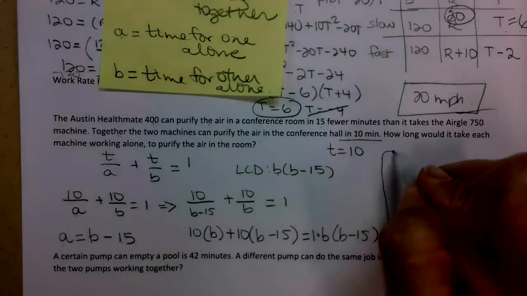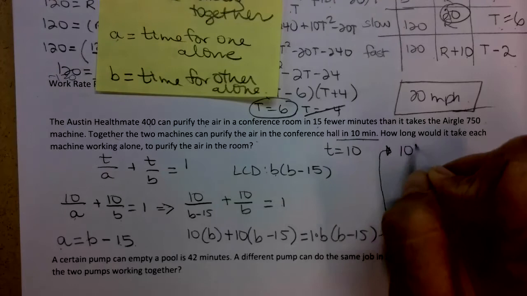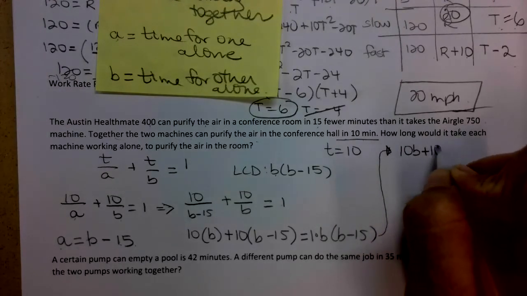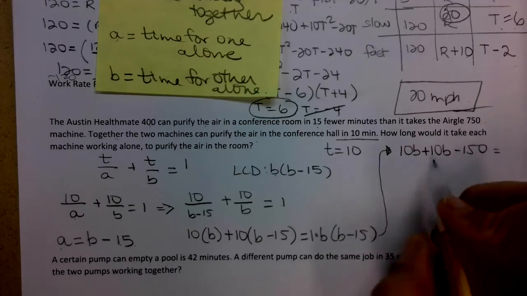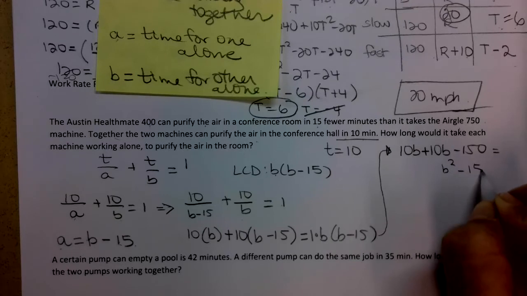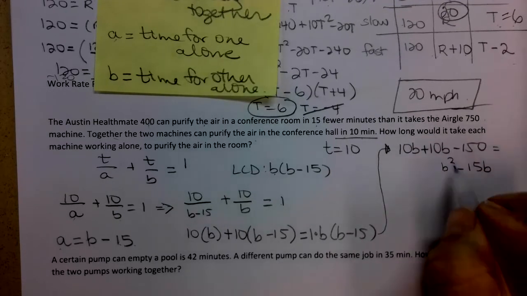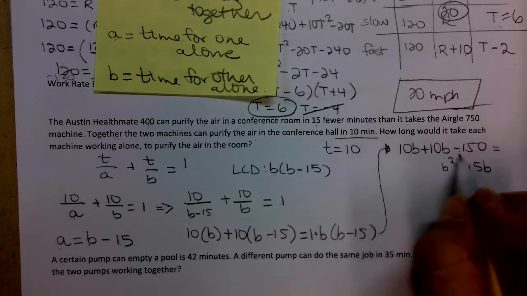Okay, here we go. Let's go ahead and distribute everything, lay it all out there, see what we've got. So 10B plus 10B minus 150 equals, what do we have? My right side is B squared minus 15B. So it looks like I have a quadratic. So that means I need a 0. So let's go ahead and tidy the left side.